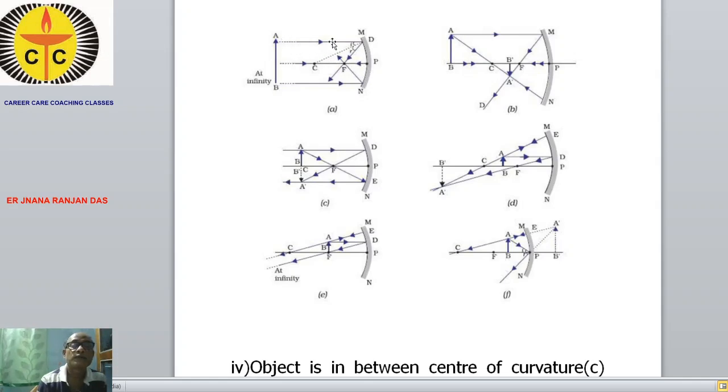As per the rule, the parallel rays incident on the surface of the concave mirror are reflected through the focus of the mirror.